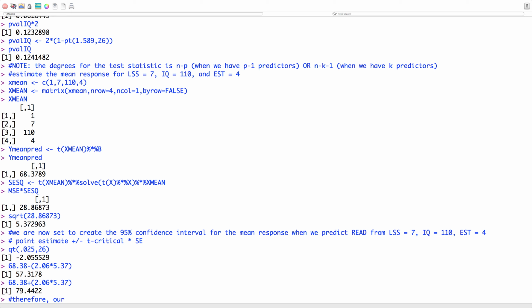Therefore, our 95% confidence interval for the mean response for LSS equals 7, IQ equal 110.